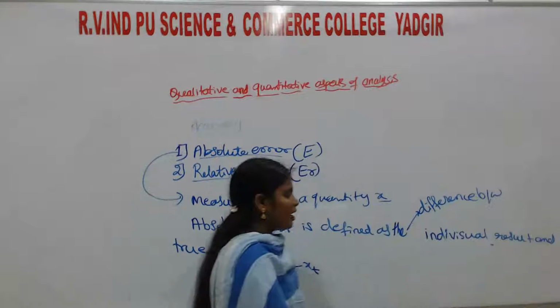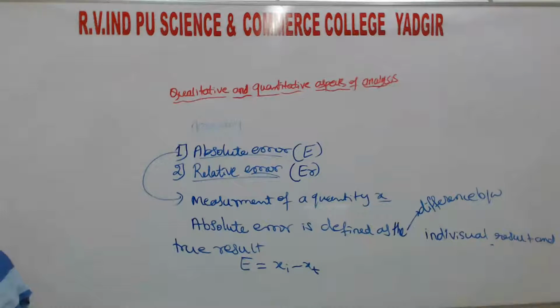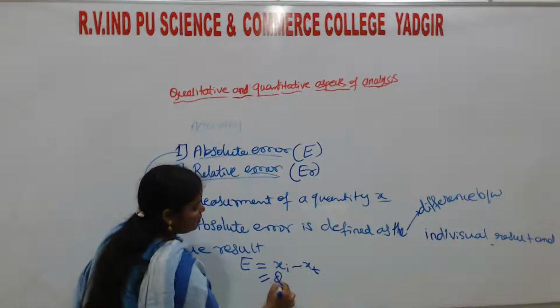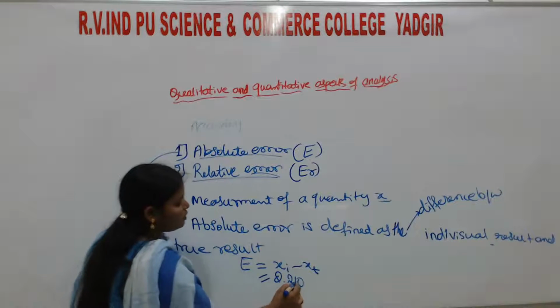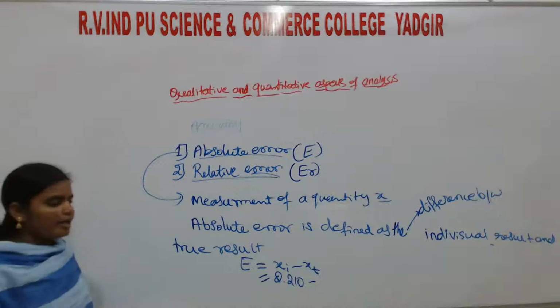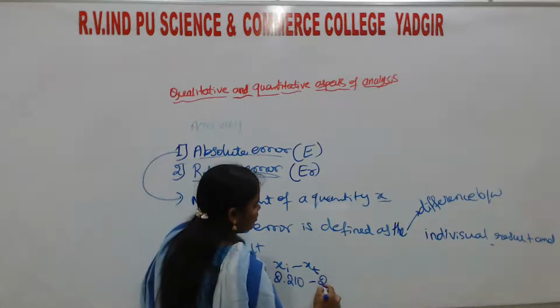The individual values are taken against the true value. For example, this individual result 2.210 minus the true value 2.231.